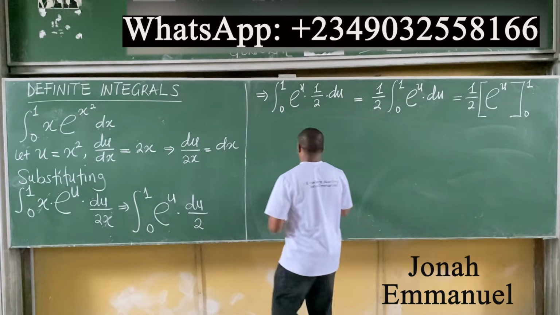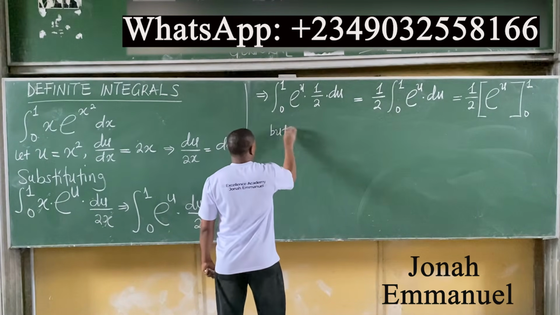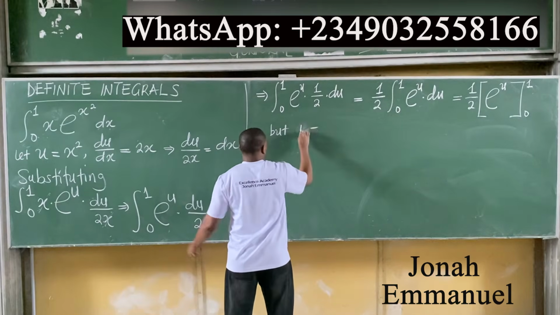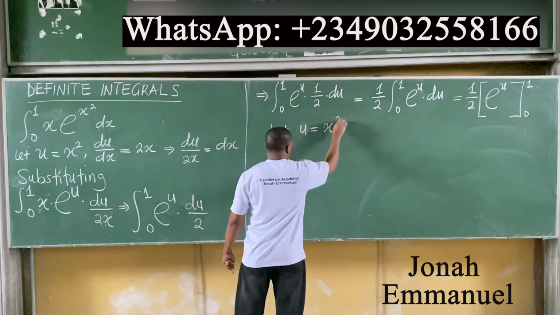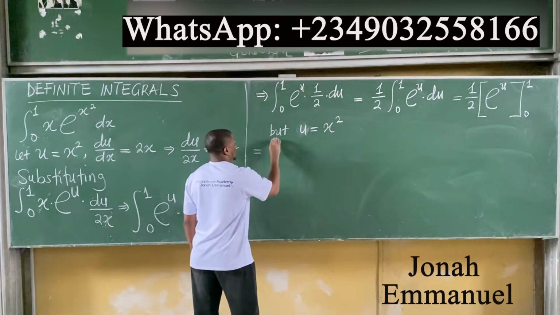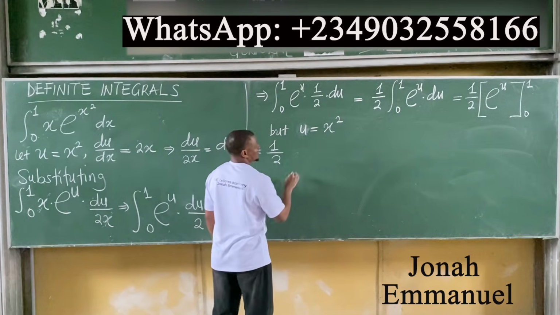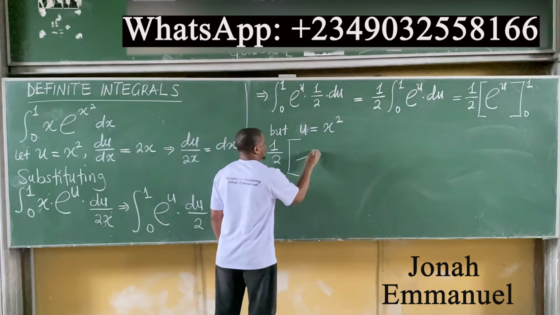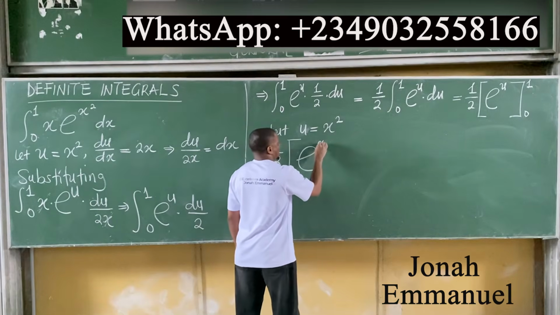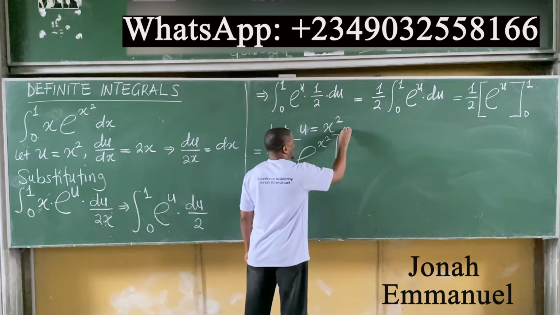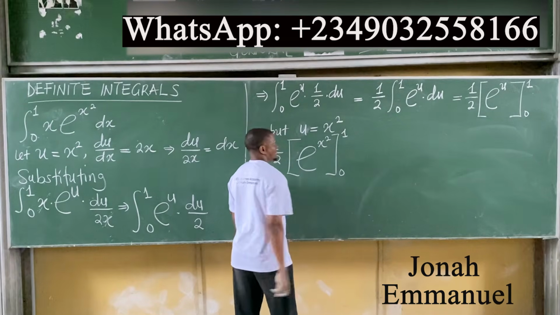Let's bring back u. But what is u? What's the value of u? x squared, please. So this is equal to 1/2 exponential u, where u is x squared. So exponential x squared, with limits 0 and 1.